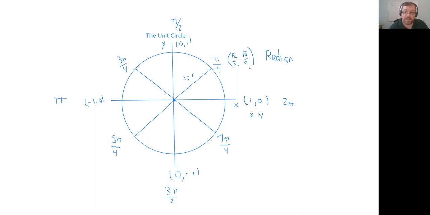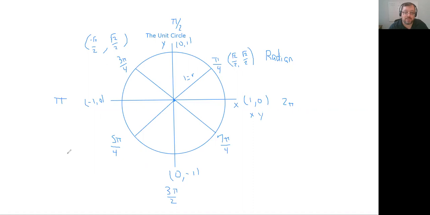Start using pies. So I want you to guess for me, what do you think this point is over here? Is it a negative? Which one is negative? The x. Negative square root of 2 over 2, positive square root of 2 over 2.